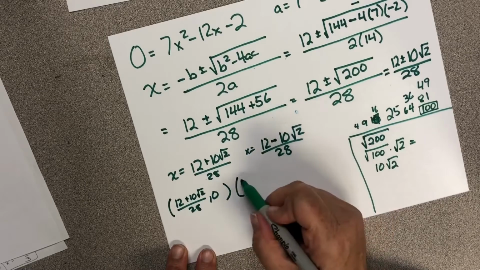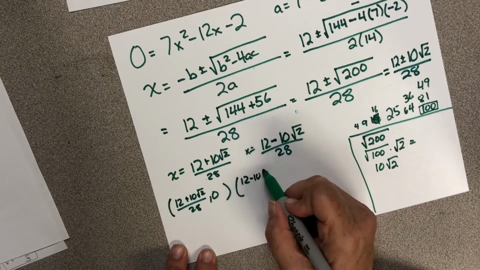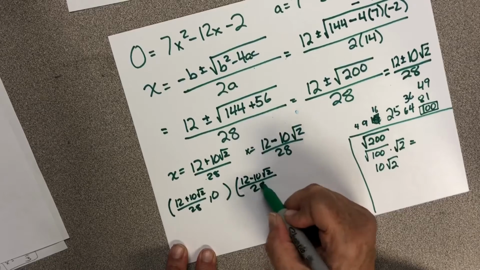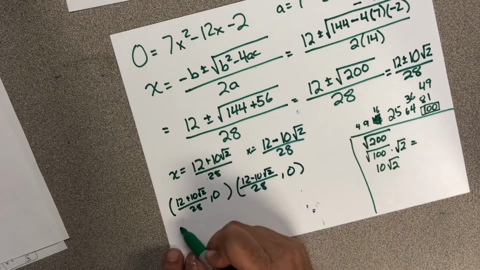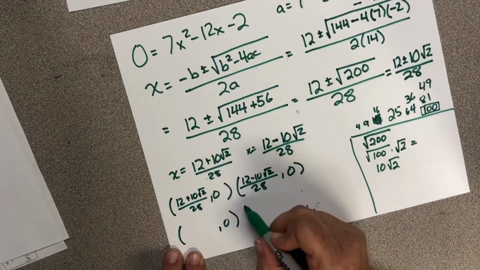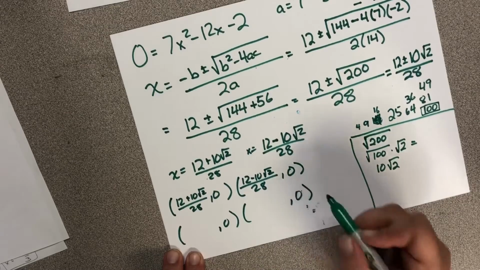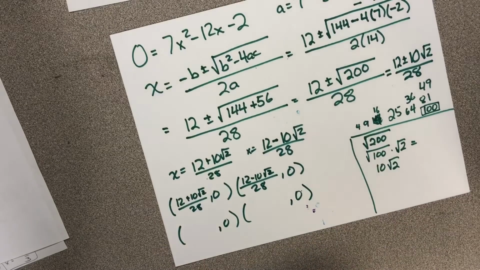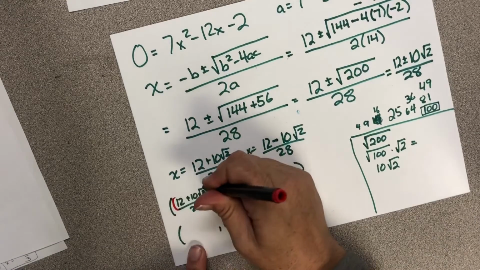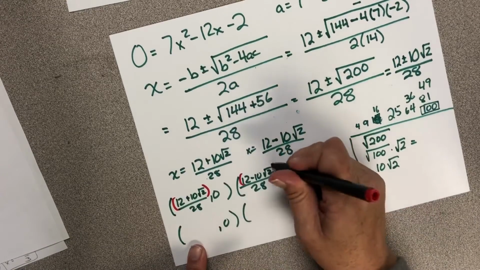The other x-intercept is 12 minus 10 root 2 over 28, comma 0. Then you're supposed to put it in your calculator and find the answer rounded to the nearest tenth. For time, I'm not going to do that right now, but I'm going to remind you when you put it in the calculator to use parentheses around the numerator.